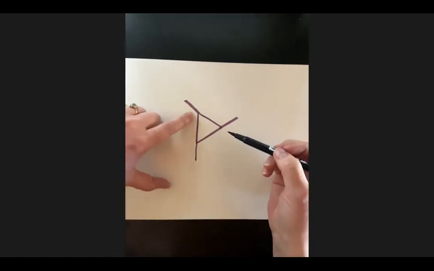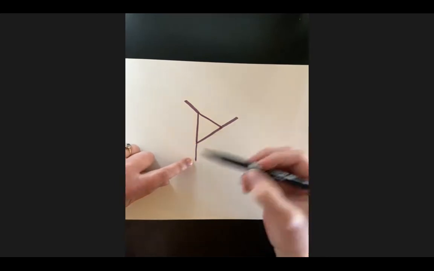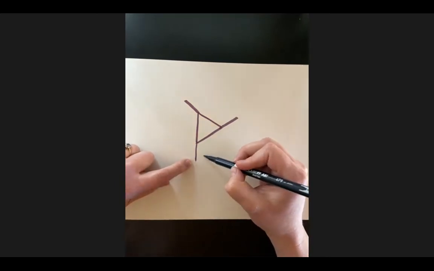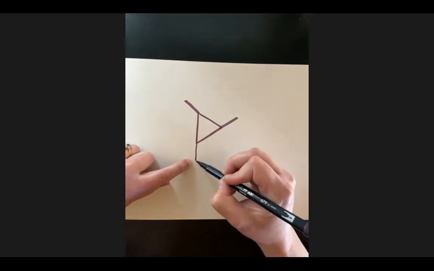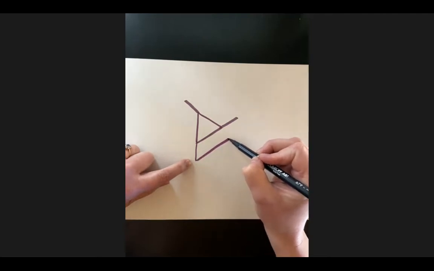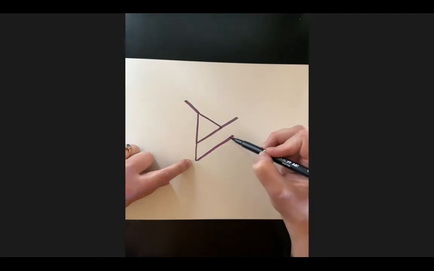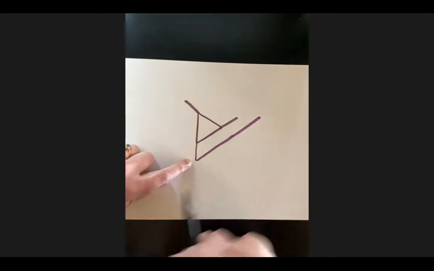All right, I want to find the very, very bottom of the letter P right here. Now I'm going to make a copycat diagonal line, and it's going to stretch just beyond this line. I'll show you what I mean. Watch this. I'm going to go very slowly, trying to go the same distance across, and I'm just going to go a little bit beyond, just like that.